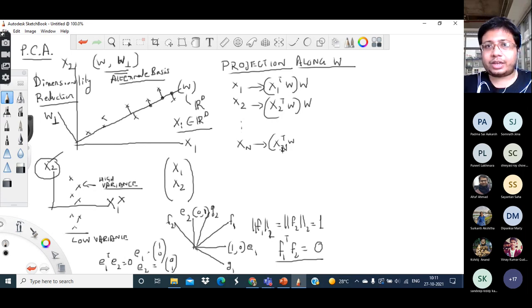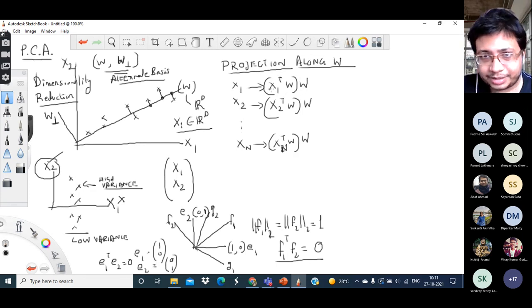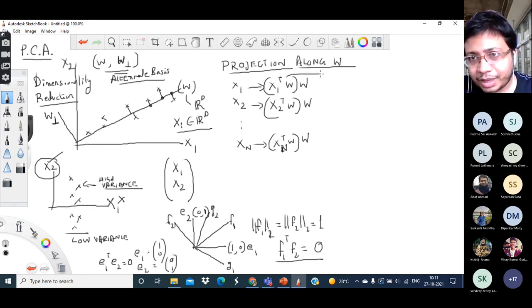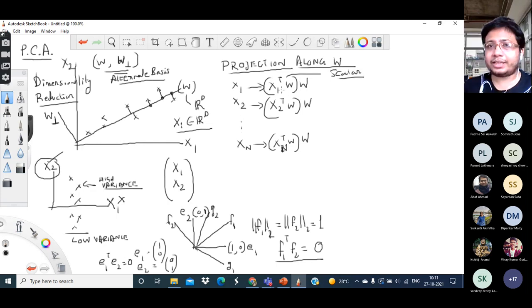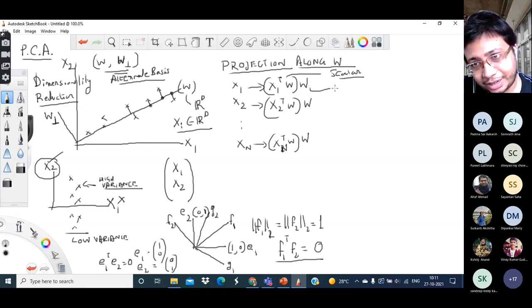If you look at these quantities, the quantity that is inside the brackets is basically a scalar, right? As I have already said, W is a d-dimensional vector, and x1, x2, etc. are also d-dimensional vectors. So what I am doing here is basically a dot product between two d-dimensional vectors, which obviously has to be a scalar. This part is a scalar, and this part W you can consider as a unitary vector.